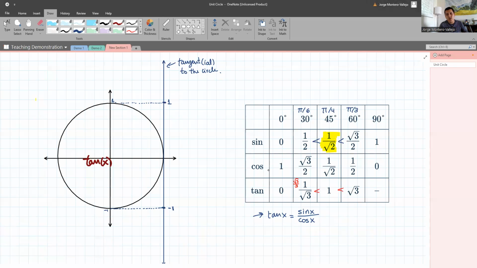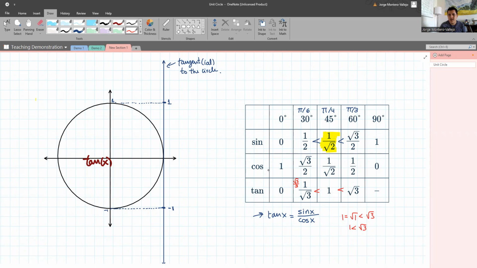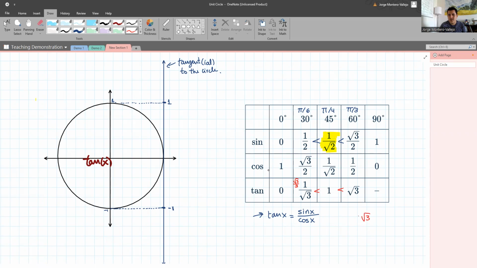The square root of 3 is bigger than 1 because the square root of 3 is bigger than the square root of 1, and the square root of 1 is just 1. So 1 is less than the square root of 3. Now, what about comparing 1 and 1 over the square root of 3? We wrote before that the square root of 3 is bigger than 1. So if we use these numbers as denominators of 1, the order is going to switch.